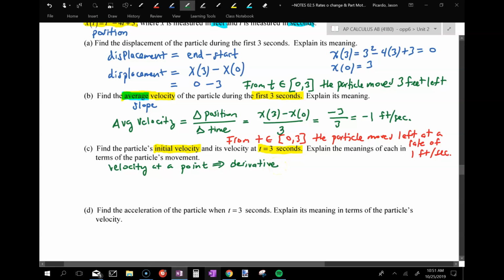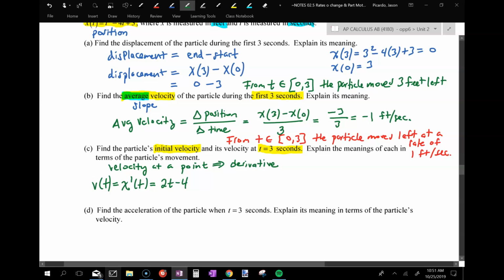All right, so let's take our derivative. Our derivative is going to be the same as velocity. What's the derivative of this function? 2t minus 4.